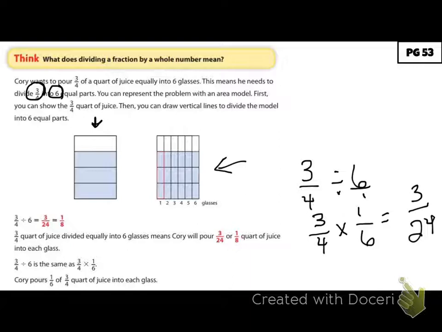And you will also have to reduce the fraction and go to 1/8, which is what they did right here. 3/4 quart of juice divided equally into 6 glasses means Corey will pour 3/24 or 1/8 quart of juice into each glass. 3/4 divided by 6 is the same as 3/4 times 1/6. Corey pours 1/6 of 3/4 quarts of juice into each glass.